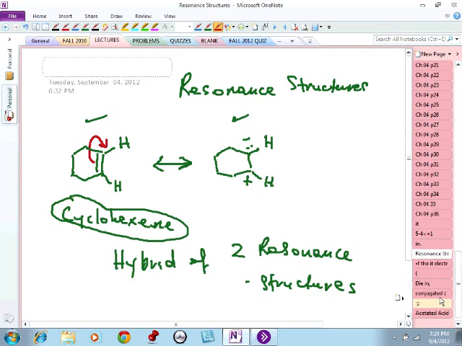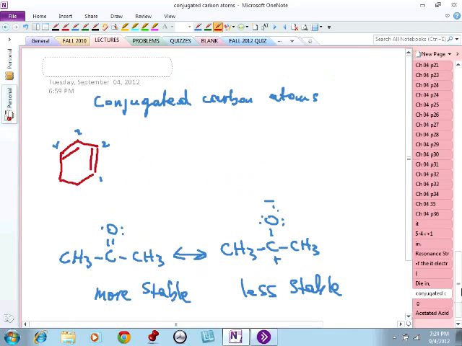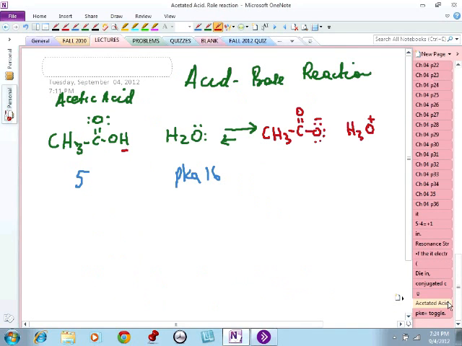This was meant to be hydroxide anion, and then therefore this will be water.